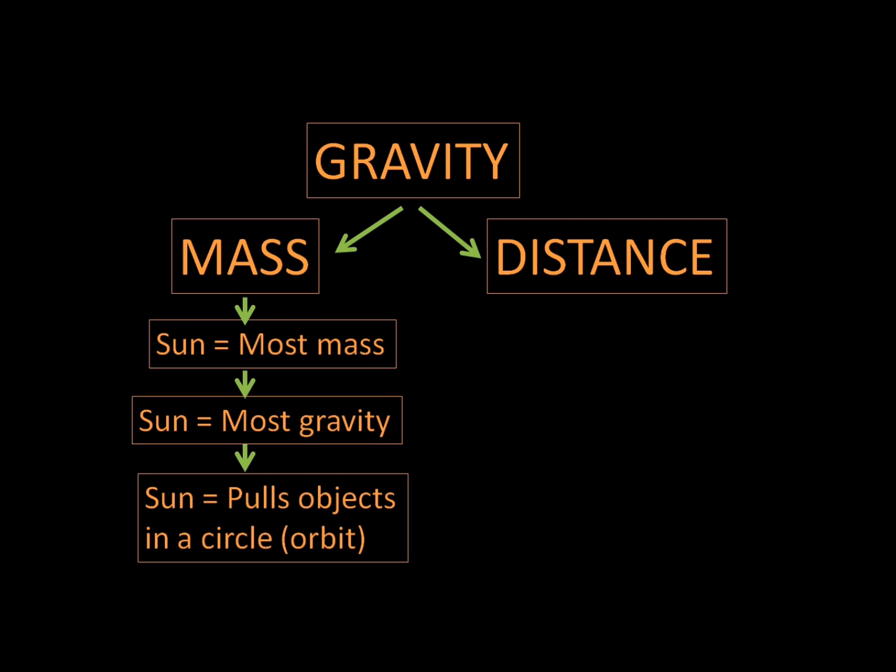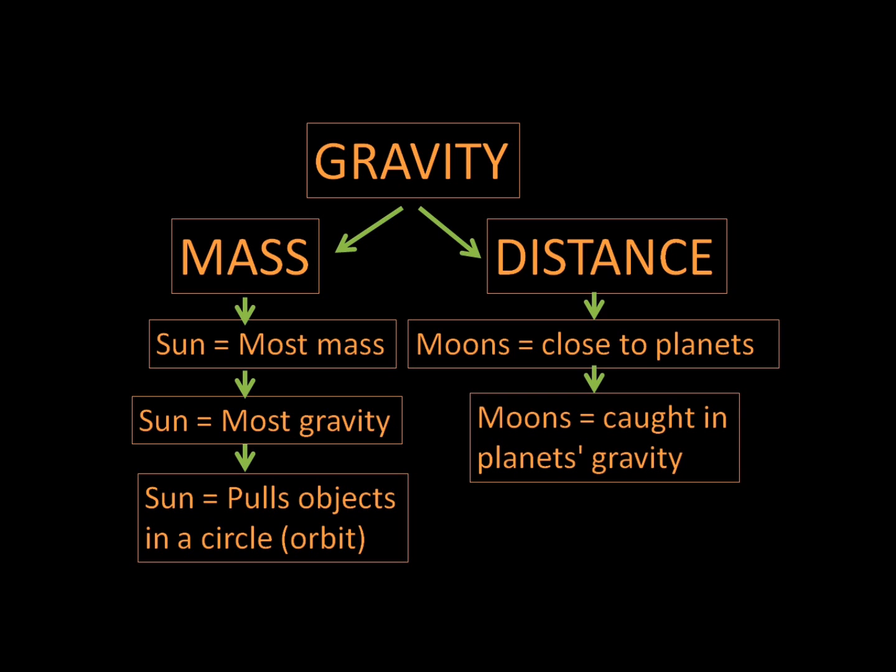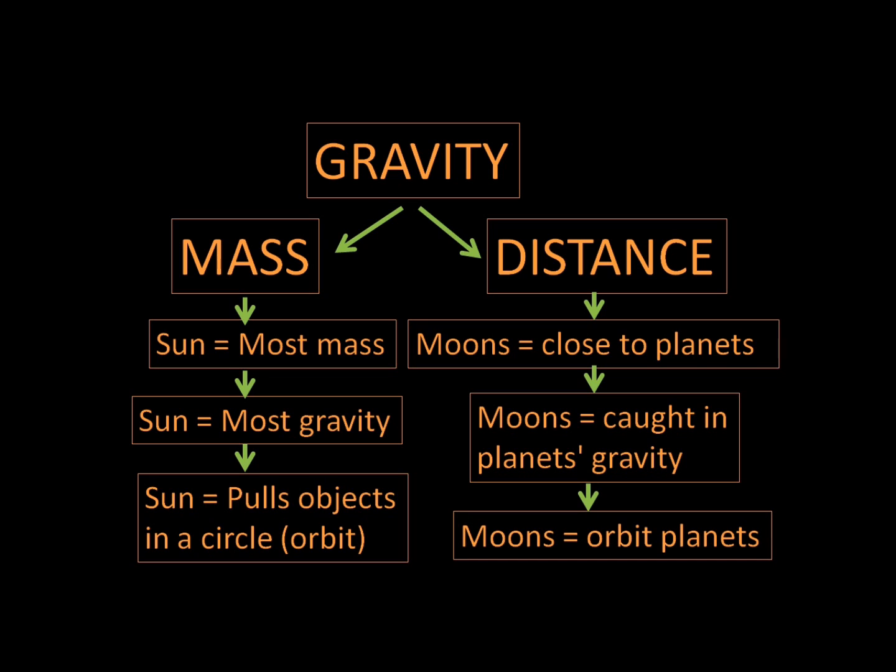So most things are pulled in a circle around the Sun. This is called an orbit. But the closer that two objects are, the stronger the pull of gravity between them. Moons are very close to their planets. Because they are so close, they get caught in their planet's gravitational pull. So that's why moons orbit planets.